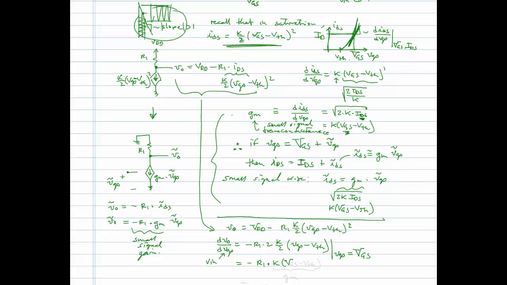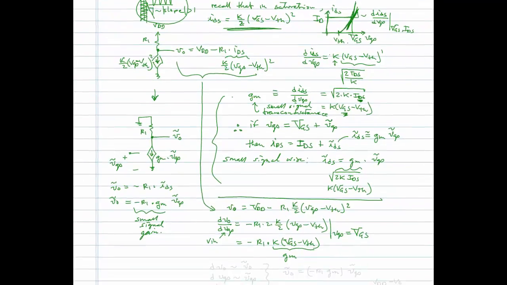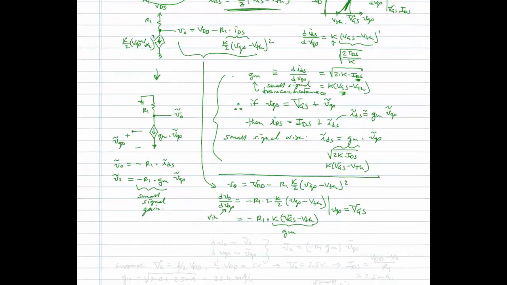So this will be capital VGS minus V threshold. We recognize that this term here is simply our term for GM that we had defined above. So therefore, we again have that the derivative of VO with respect to VGS or Vn is minus R1 GM.